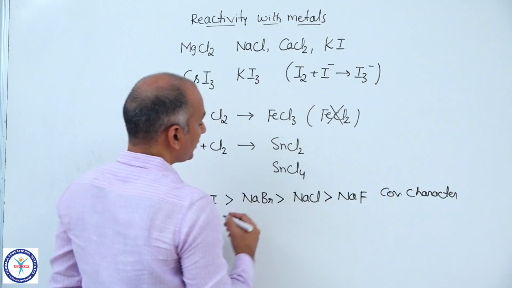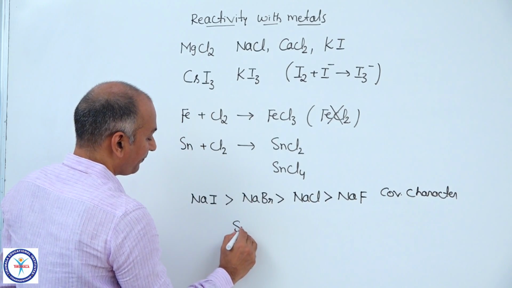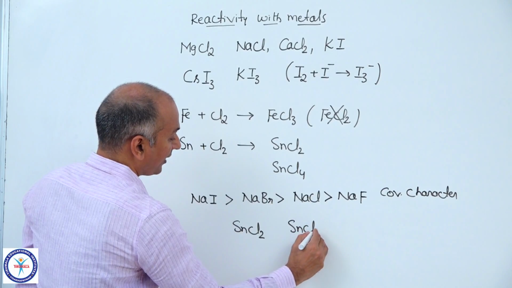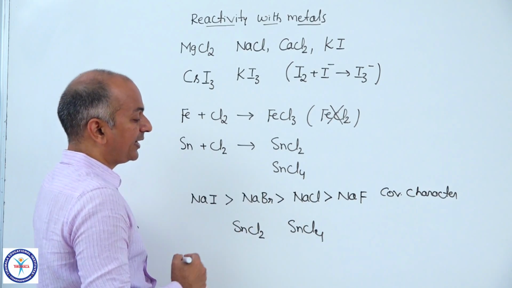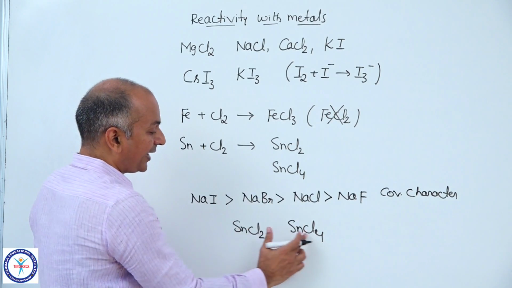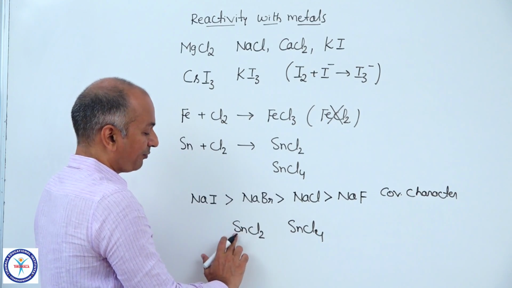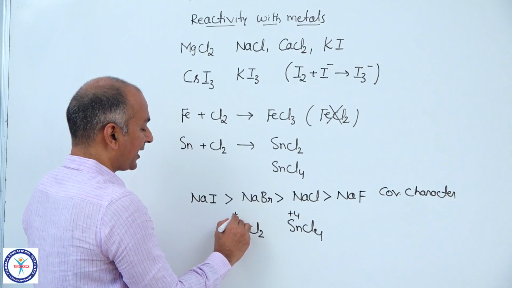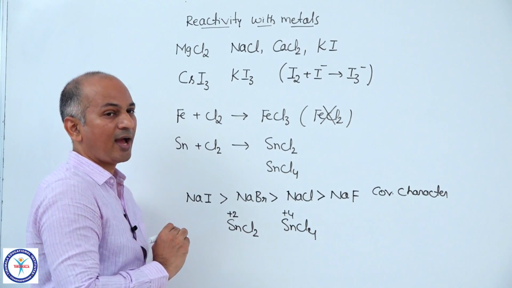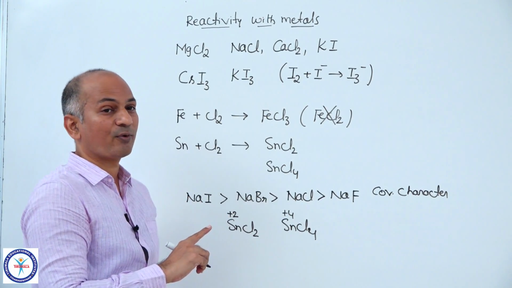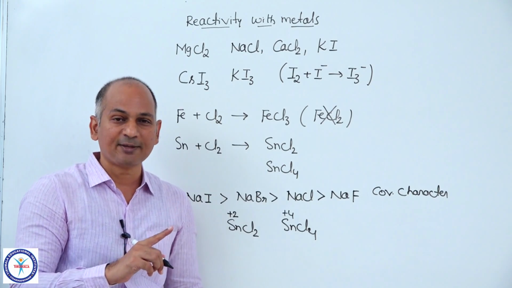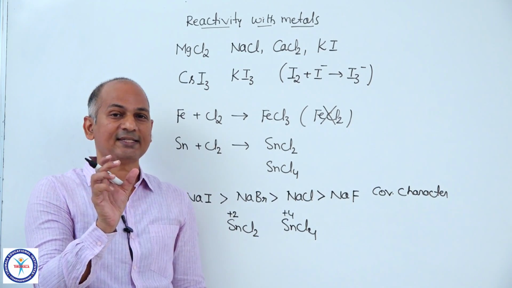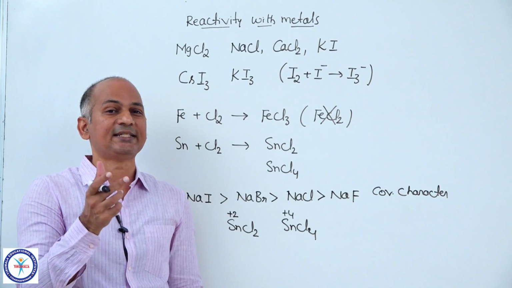Similarly, suppose if you take SnCl2 and SnCl4, which is more covalent here? Now the halide ion is same, the anion is same, the cation is different. Here the cationic charge is +4 and here the cationic charge is +2. And the polarizing power of Sn+4 is higher because of its small size, charge density is higher.